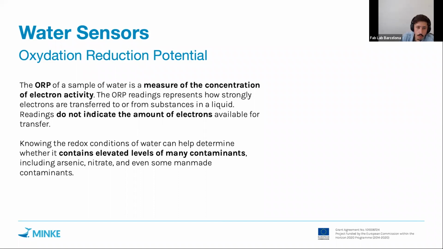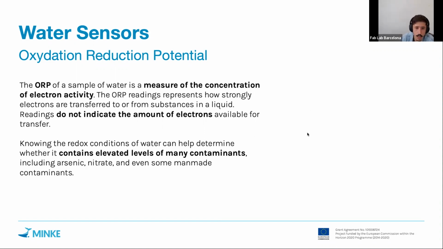Moving on, almost done for the metrics. Oxidation reduction, or ORP, is basically very related to pH. With pH, we were measuring hydrogen ions, and now we are measuring electron activity. So it represents how strongly electrons can be transferred, but it doesn't represent how many electrons we have.